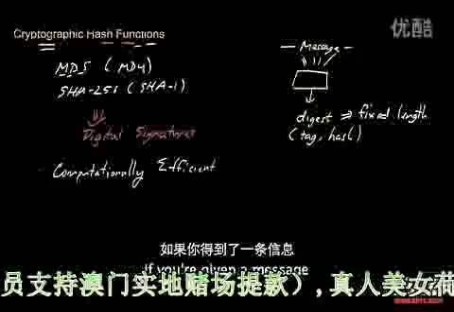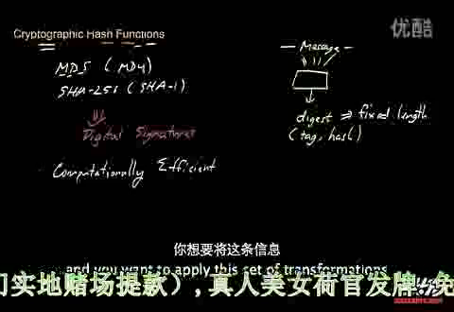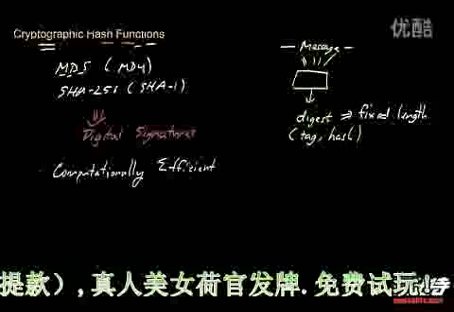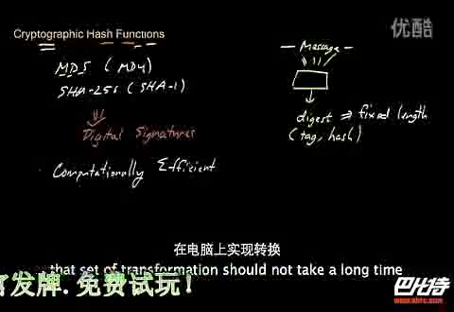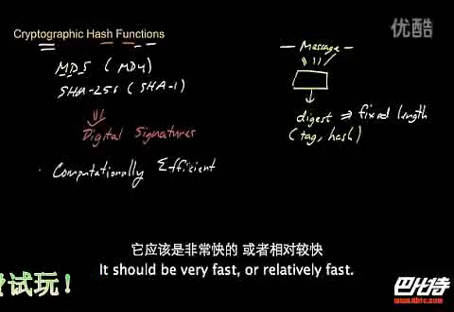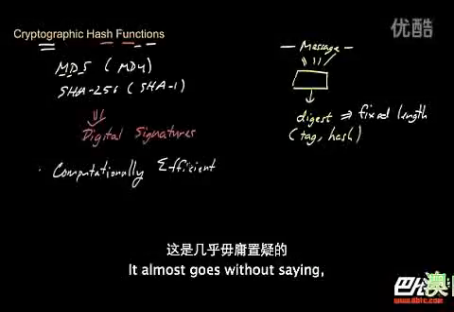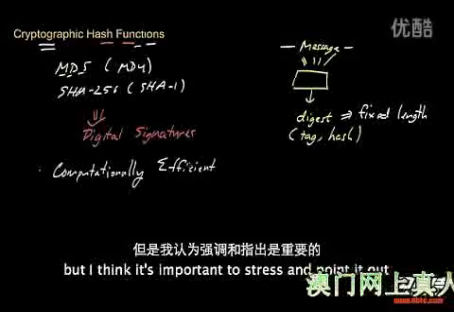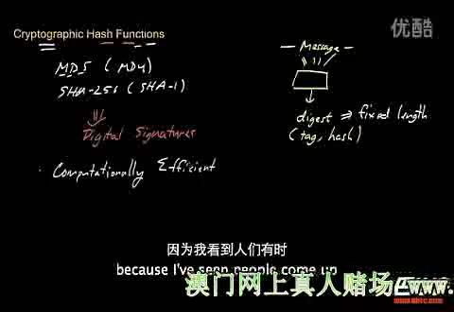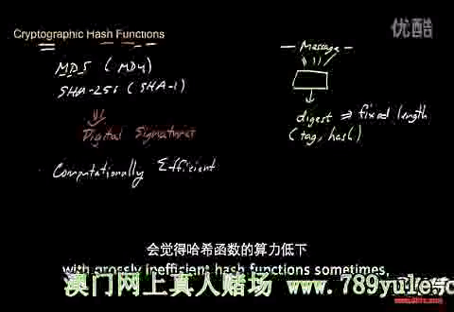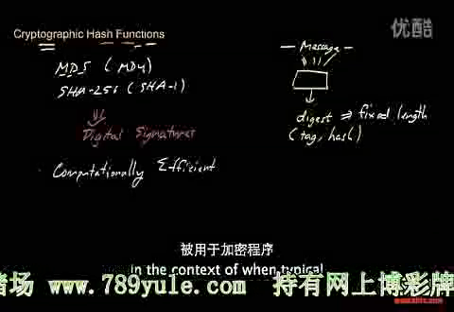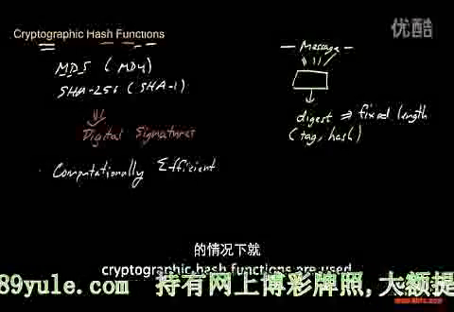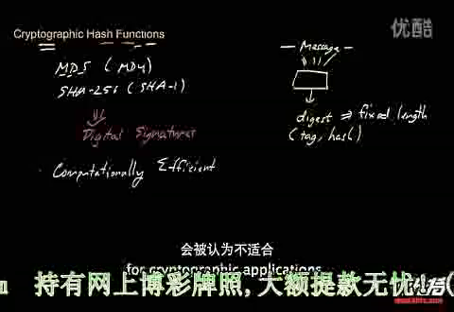If you're given a message and you want to apply this set of transformations to that message to get a digest, that set of transformations should not take a long time to implement on a computer. It should be very fast, or relatively fast. It almost goes without saying, but I think it is important to stress it, because I've seen people come up with grossly inefficient hash functions sometimes, and those would not be considered suitable when typical cryptographic hash functions are used for cryptographic applications.